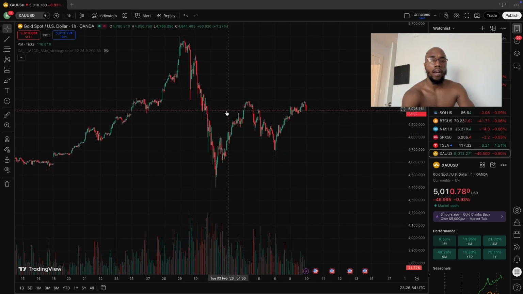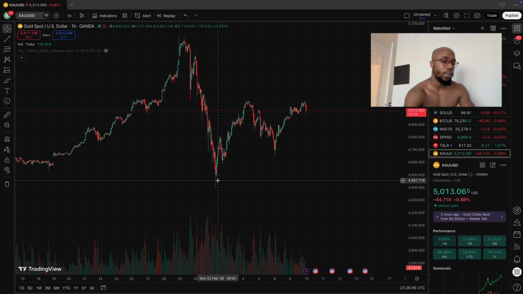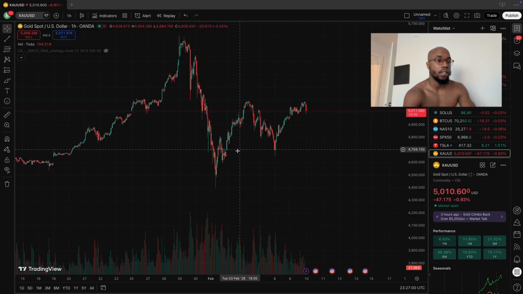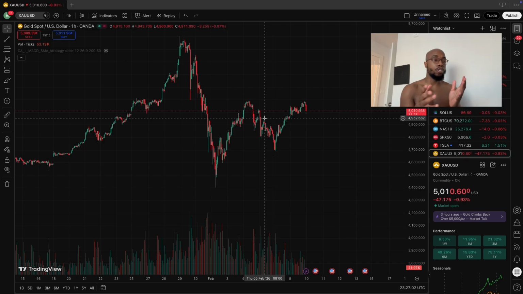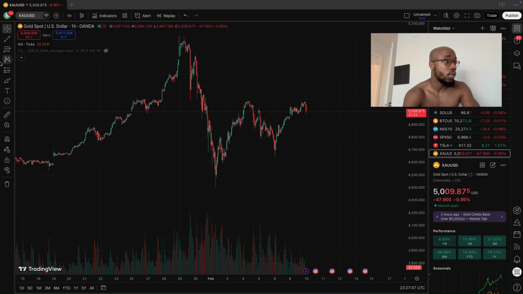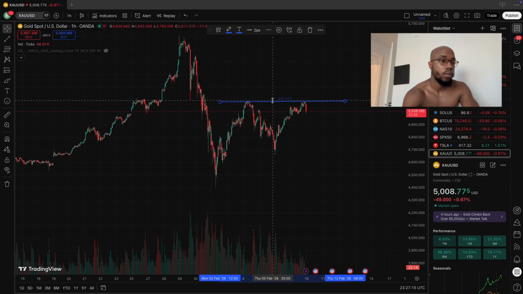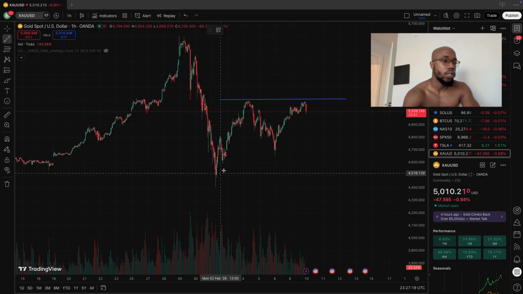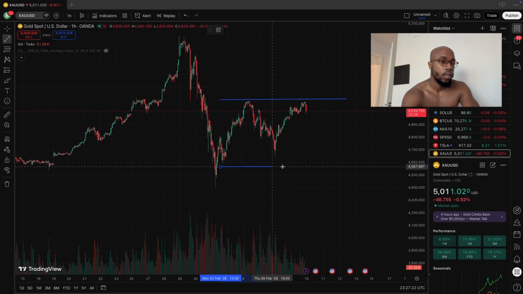On the 1 hour, you obviously see that since February 2nd, 2026, gold has been consolidating. And the consolidation is basically a sideways movement without any direction of whether price is gonna go up or price is gonna go down, right? So what I would do in this scenario is go right here to the left, grab a trend line, mark this high right here on a consolidation, grab another trend line, mark this low right here on a consolidation.